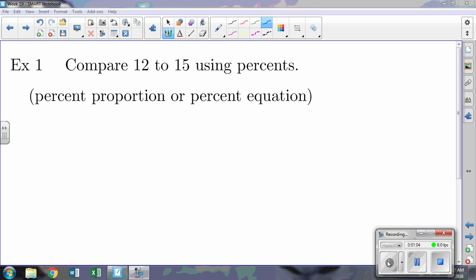Generally speaking, when you work with percents, you will use a proportion, a fraction, or an equation, which generally is decimals. One way to look at this is to say we could compare 12 out of 15, and that will be equal to some percent, and we know percents are based out of 100. So one way we can do it is to set up this percent proportion and then solve from there.